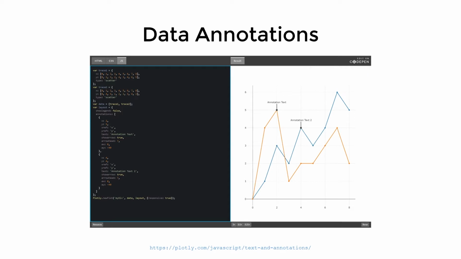If we made that a positive Y value, it would be below the data point, and we could move the annotation to the left or the right, depending on an offset that we give to the AX property. Annotations will help call out specific points of data, and you can use similar interaction methods that we'll be learning today in order to conditionally show and hide these annotations as well.